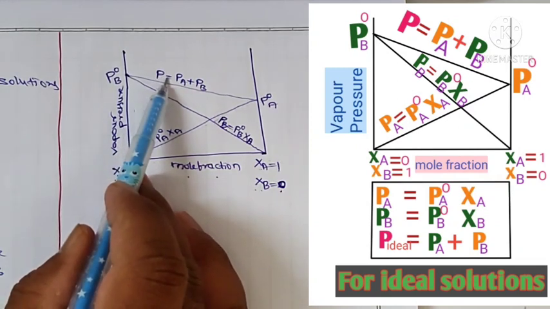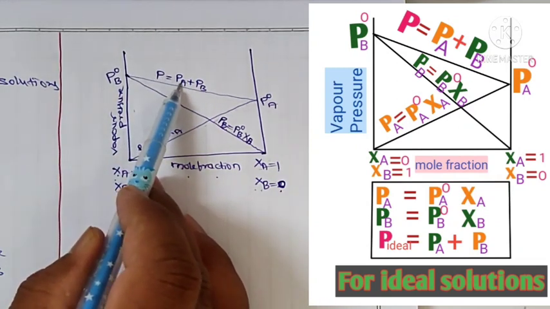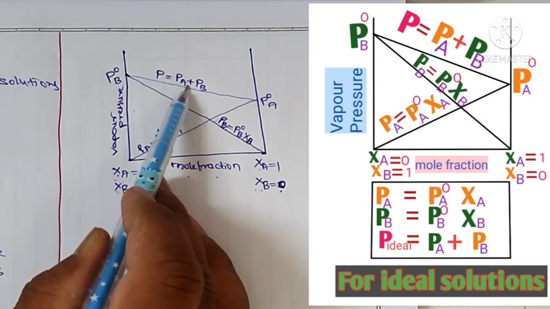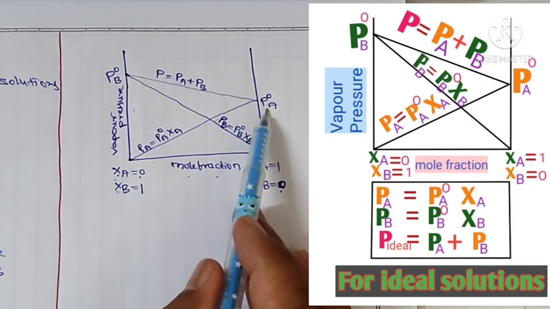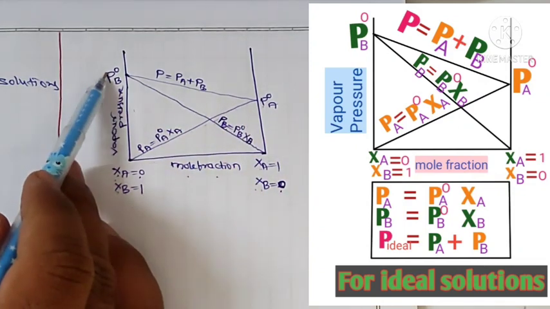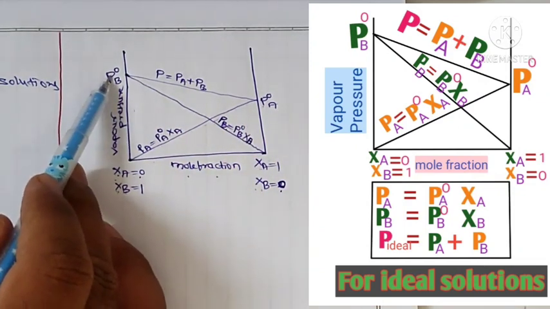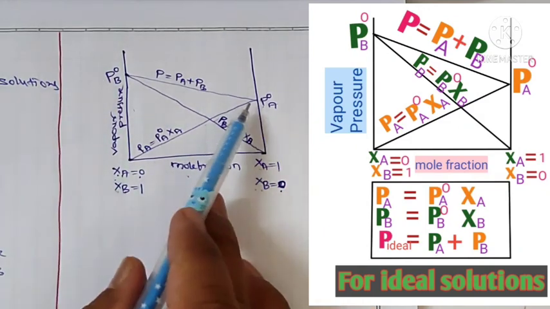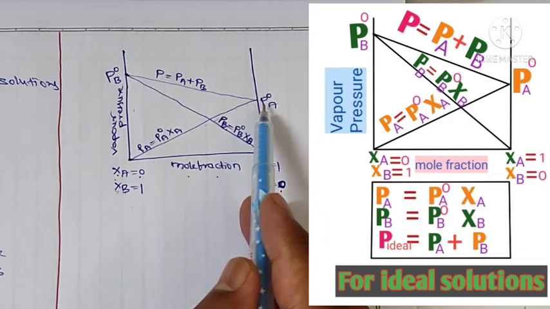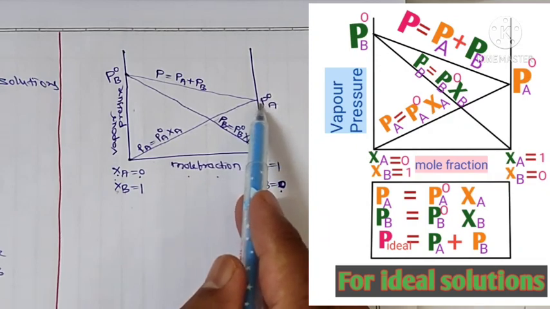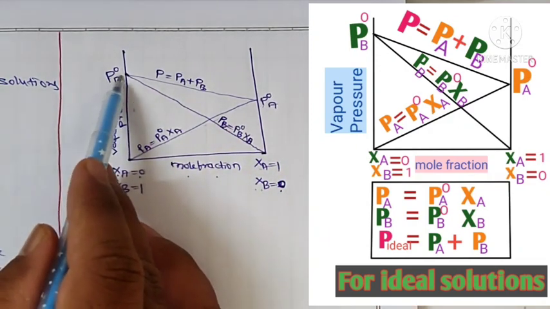The total pressure P is equal to component A partial pressure plus component B partial pressure. This is the component A pure vapor pressure and this is the component B pure vapor pressure. P naught B, and this one is P naught A. Here this is the P naught A position and this is the P naught B position.